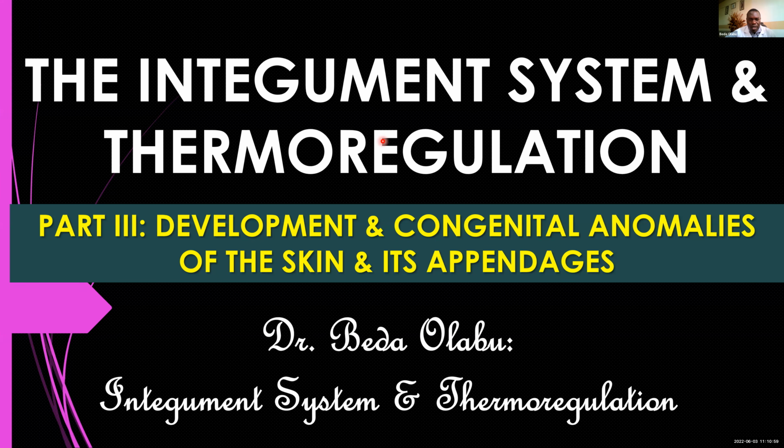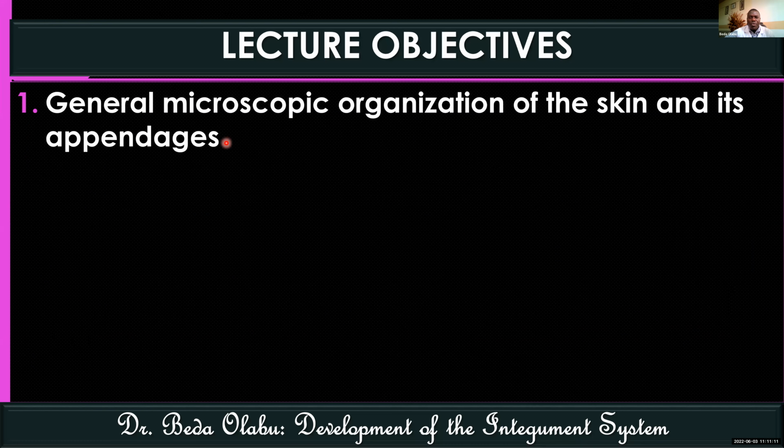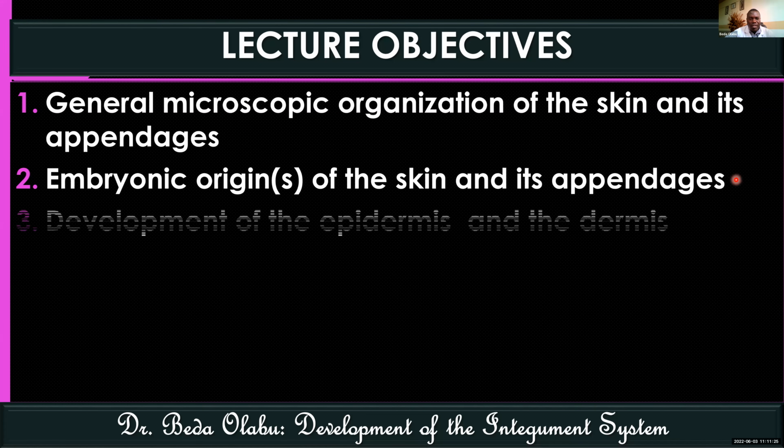So I hope that what you know from the previous class is still there, but maybe just to guide you, we can just have a brief overview of the general organization of the skin so that when we talk about its development, you understand what is developing. So after that, we will then focus on the embryonic origin of the skin and its appendages.